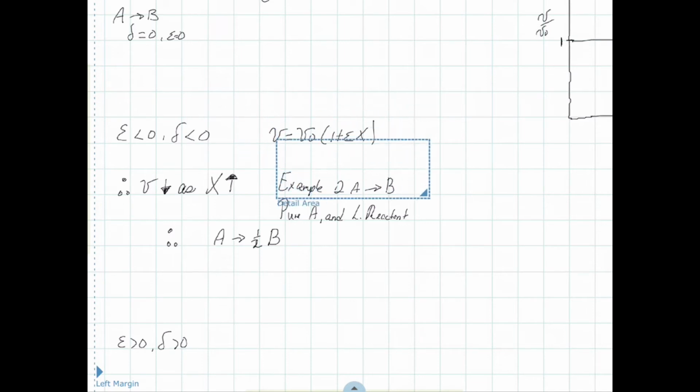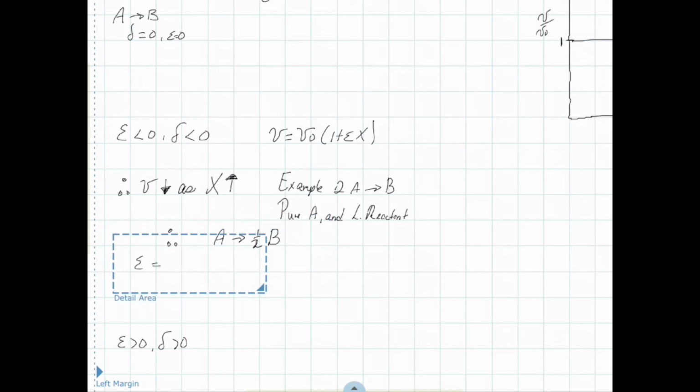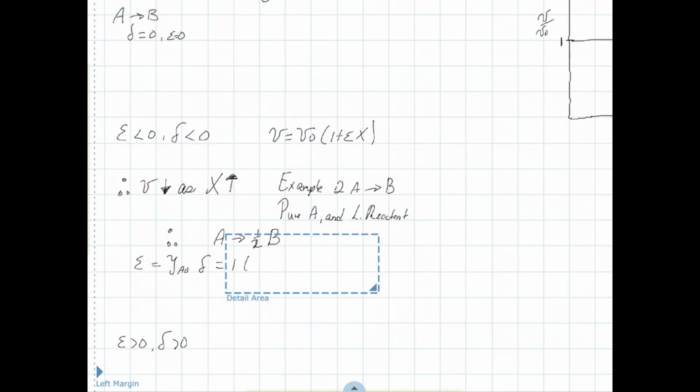Let's consider this reaction of 2A going to B, where you put pure A into the reactor, and A is the limiting reactant. Therefore, we can rewrite the equation as follows. If we calculate epsilon at A0, delta equals 1.5 minus 1, that will be the delta, equal to minus 0.5.